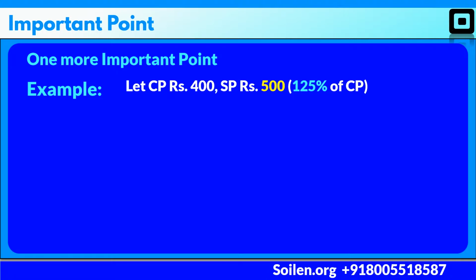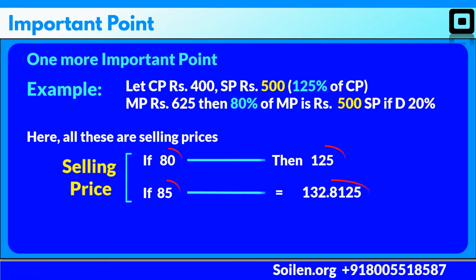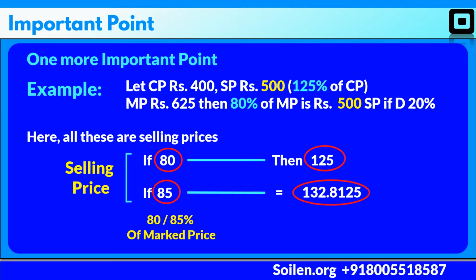Again, let us take marked price 625, then 80% of marked price is selling price, that is 500 if discount is 20%. So 125% and 80% refer the same 500 that is selling price. So, here 80 and 125 refer the same selling price, and 85 and 132.81 also refer the same selling price.